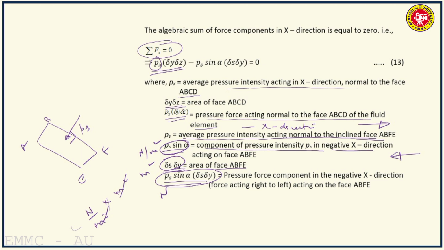So sigma Fx equal to 0. Px delta y delta Z is the pressure force acting normal to the left face along x direction, and Ps sin alpha delta S delta y is the pressure force acting along negative x direction. That is why I am using minus. The algebraic sum is equal to 0.